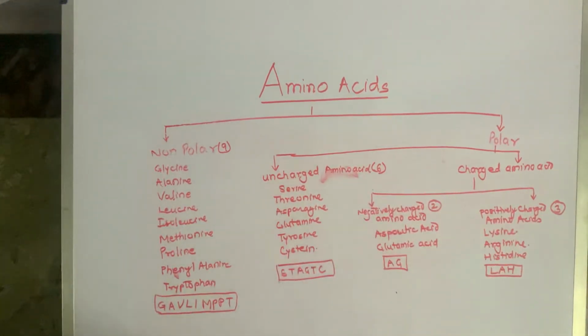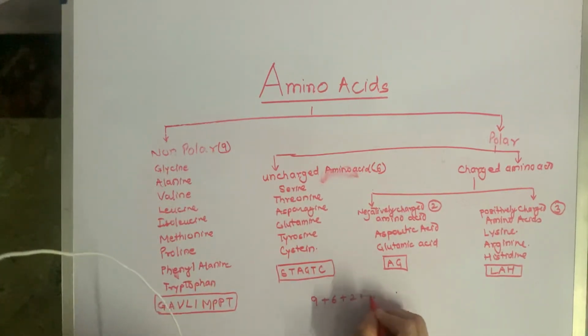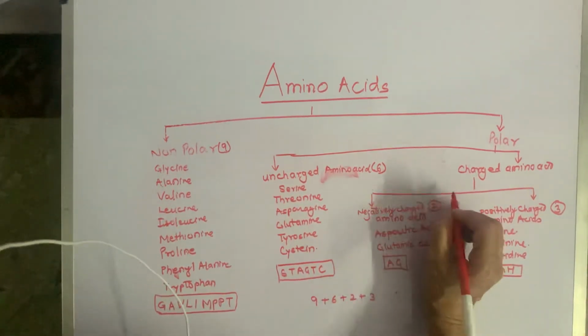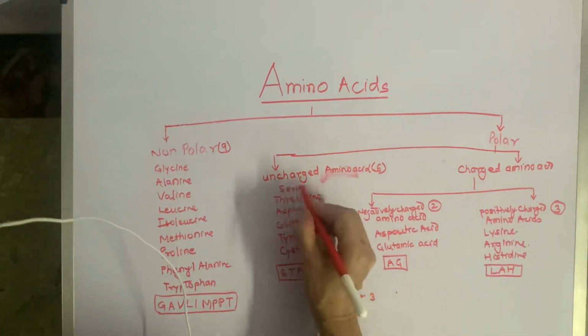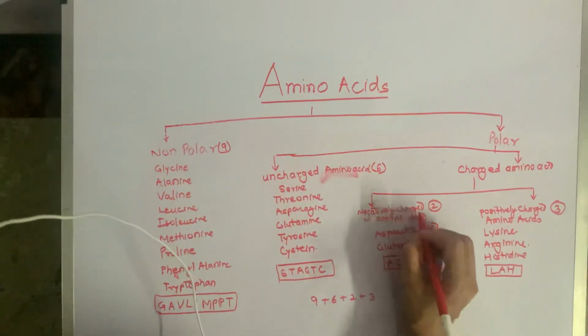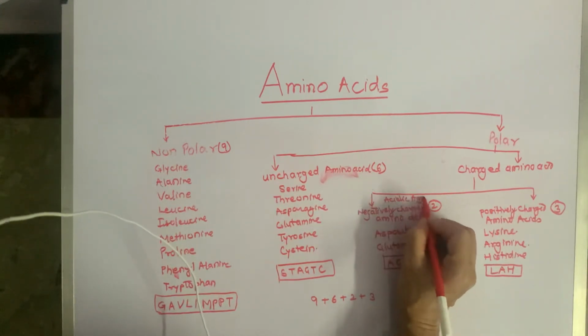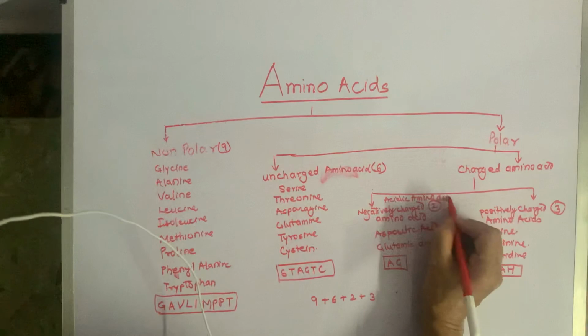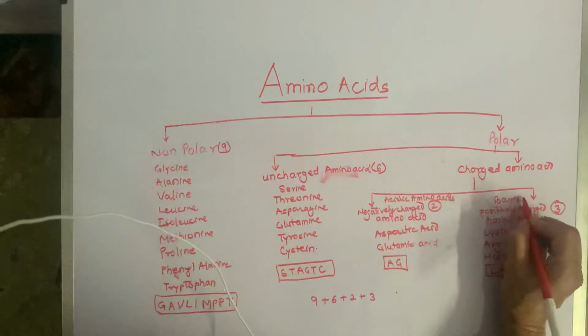So how will I remember? 9 non-polar, 6 polar uncharged, 2 negatively charged and 3 positively charged. These negatively charged amino acids are also called acidic amino acids. On the other hand, positively charged amino acids are also called basic amino acids.